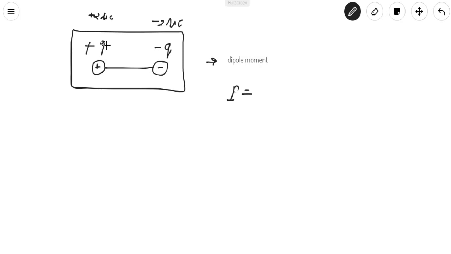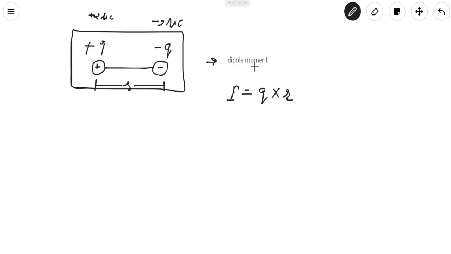You see, they have the same value, just opposite signs, so we will require one of these values, so it is Q. This will give us an idea of how much charge there is in each case, into the distance between them. We usually use r for distance, so we can also use r. So this is the dipole moment, just a simple dipole moment.